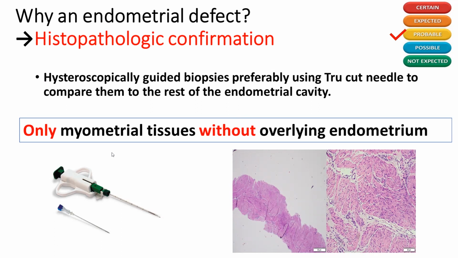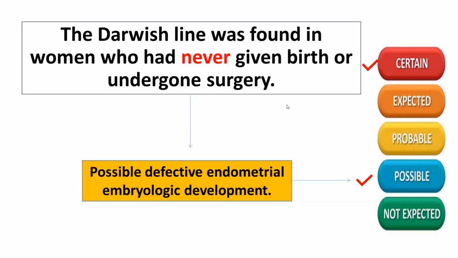And we found by the histopathologic assessment that only myometrial tissue is seen without overlying endometrium. So it is an endometrial defect. So we observed this line without dye in some cases, with dye also, and it is not covered by endometrium.